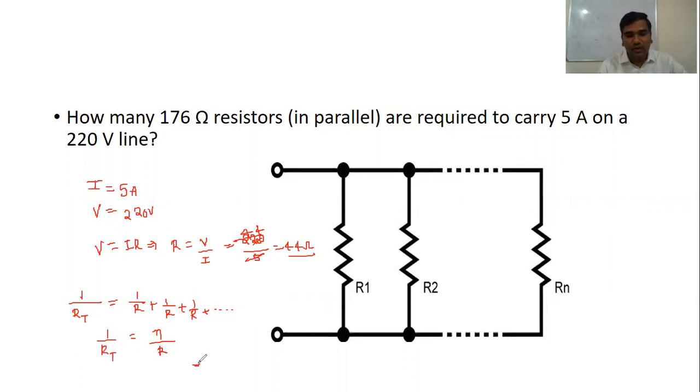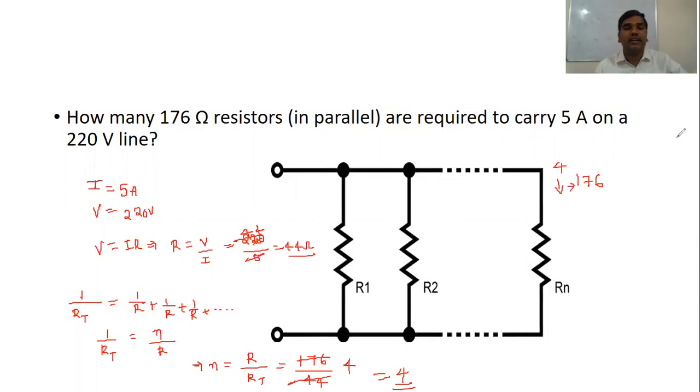So the number of resistors is equal to each resistor value divided by the total resistance. Each resistor is 176, and the total resistance should be 44. Dividing 176 by 44 gives 4. So the number of resistors we require is only 4. If we connect four 176 ohm resistors in parallel, we will get this required condition.